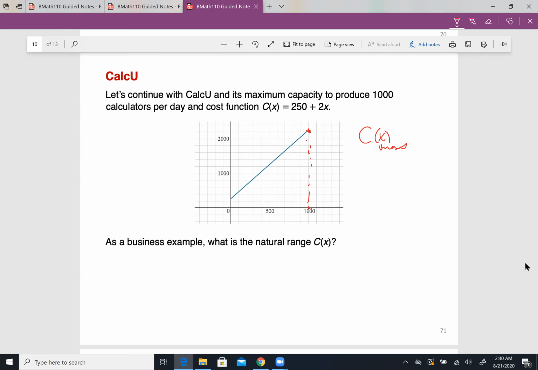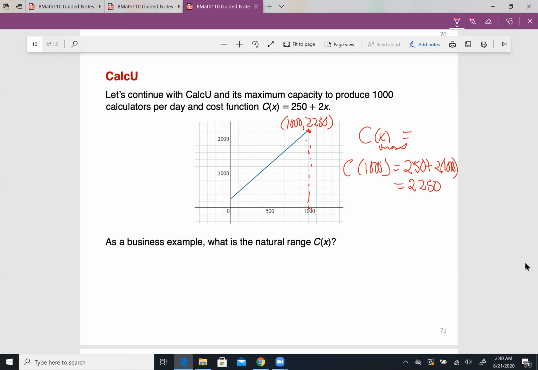So I change it to C of 1,000, and plug into the function: 250 plus 2 times 1,000. 2,000 plus 250 is 2,250. So the point has 1,000 here and 2,250.